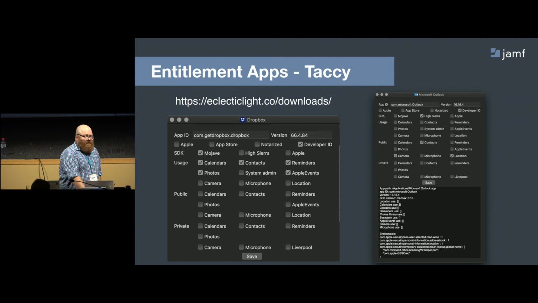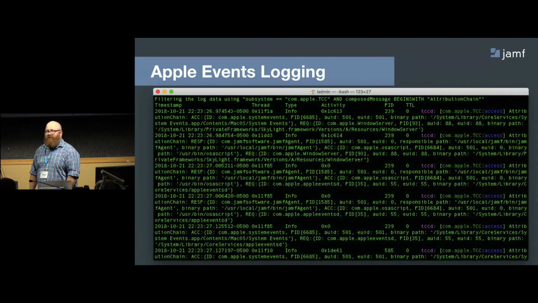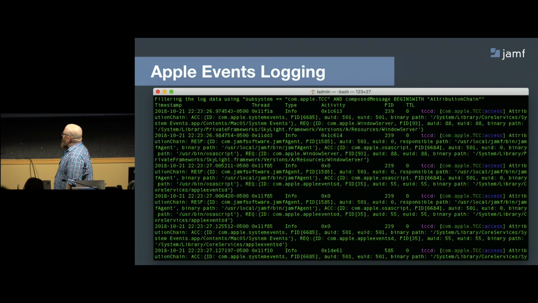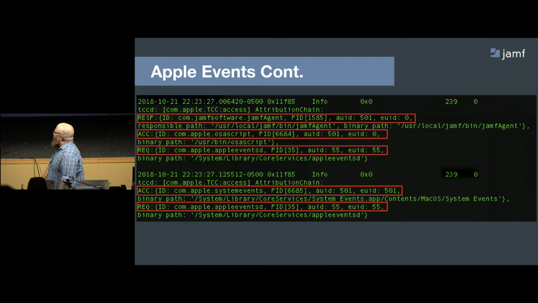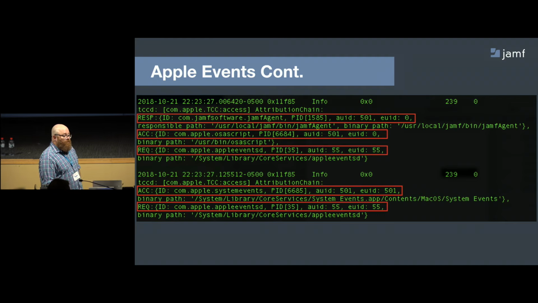Other things along admin testing, reading the logs. So I can either be live reading, watching what's happening now, or I have a method to look back at previous ones. So say I run this command, I get a very concise, easy to read output of logs. Okay, maybe not. If I break that up and look a little bit closer, it is telling me, not in the clearest of terms, what it's trying to do.